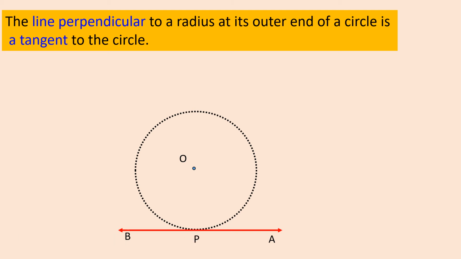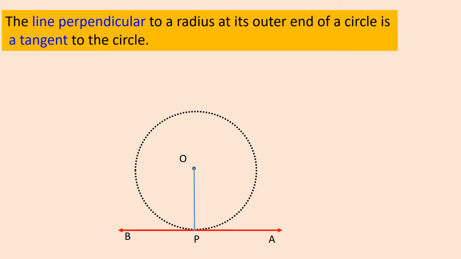Line AB at point P. Line AB is perpendicular to radius OP at its outer end, meaning OP's outer end is point P. So line AB is perpendicular at point P. Clear?